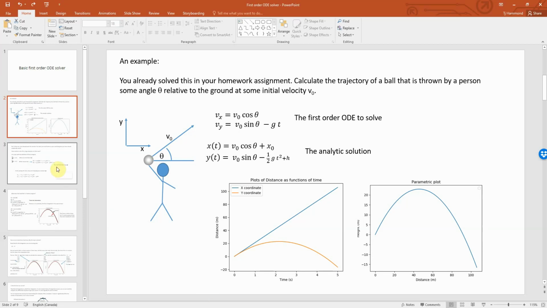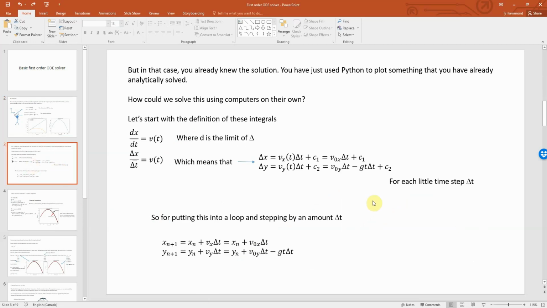All right, so now that we have our analytic solution, we're going to discuss the numerical solver. How do we get these computers to actually solve these differential equations on their own? These first order ordinary differential equations are just saying that the first order derivative in x is equal to this velocity, where dx by dt is the limit of delta t going to 0.